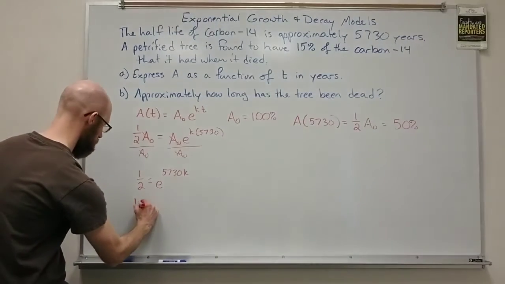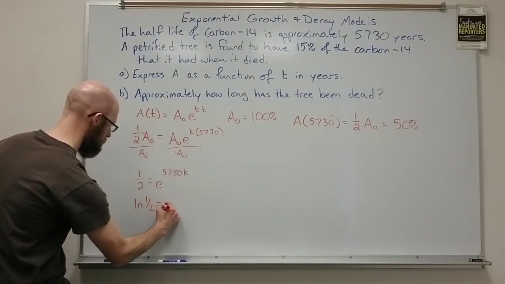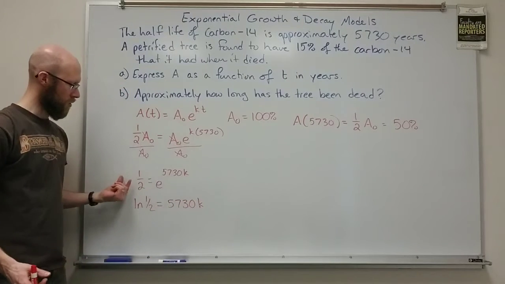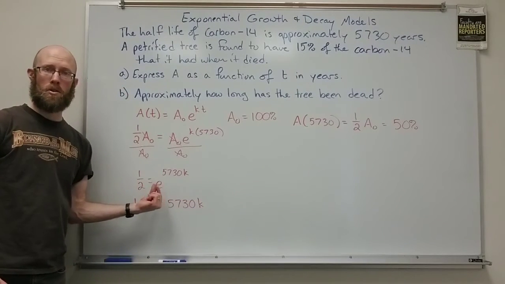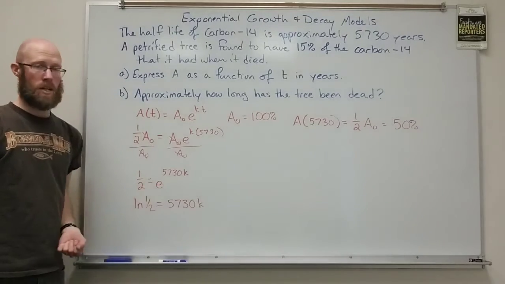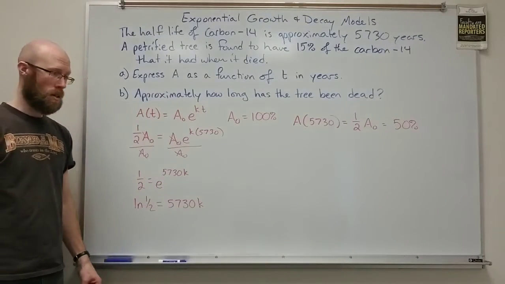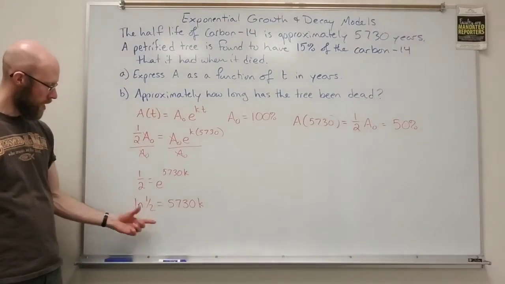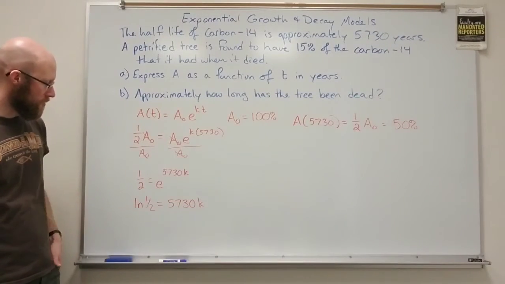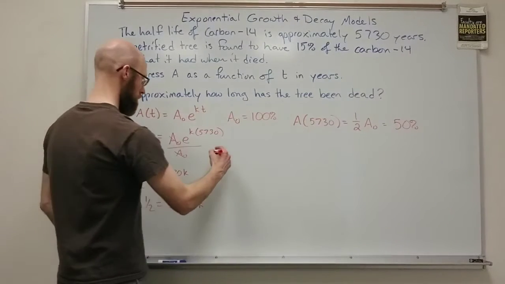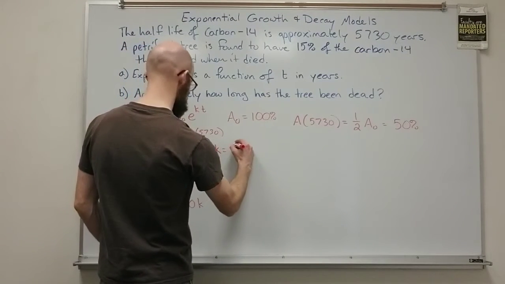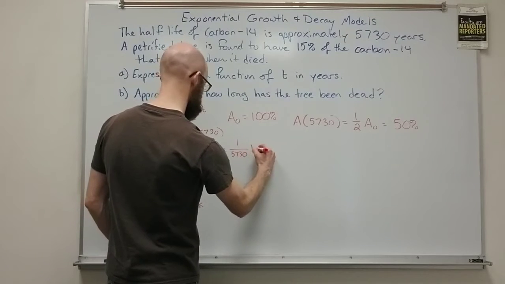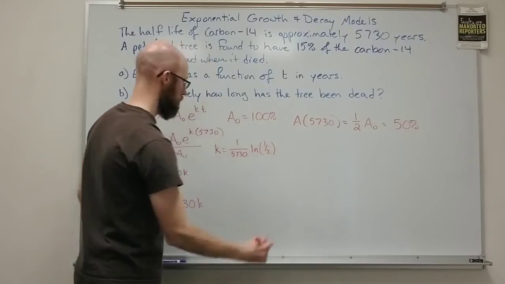So we're going to use the natural log of 1/2 is equal to 5730k. Remember, that's equivalent to just taking the natural log of both sides, and on the right, the natural log and the e will essentially cancel out using one of our commandments of logarithms there. And then to find k, I just divide the 5730 on both sides. So the k value is 1/5730 times the natural log of 1/2.